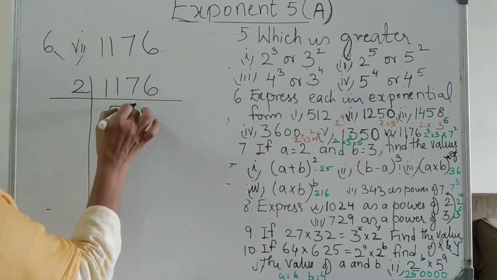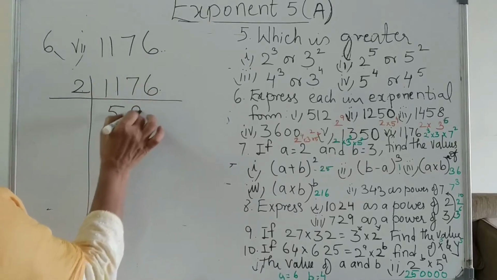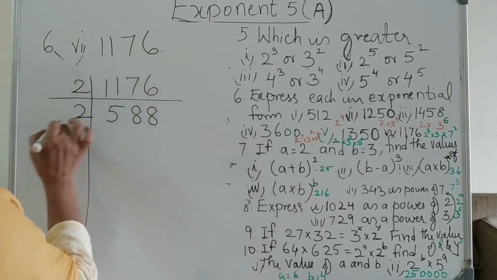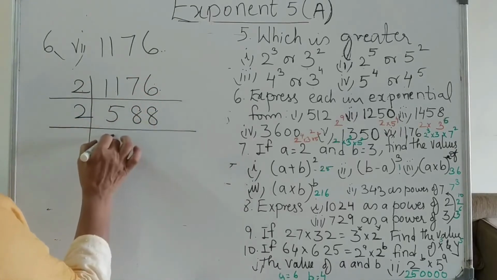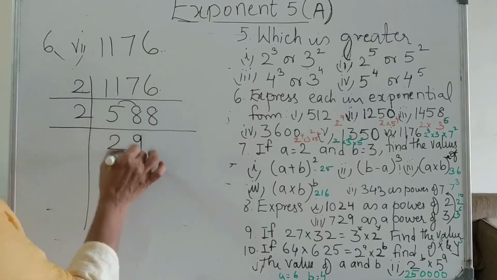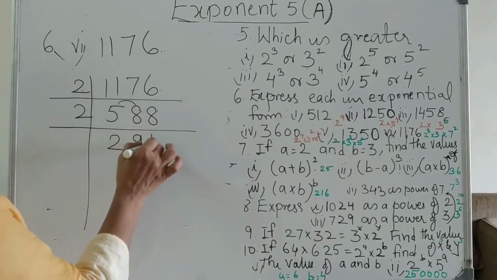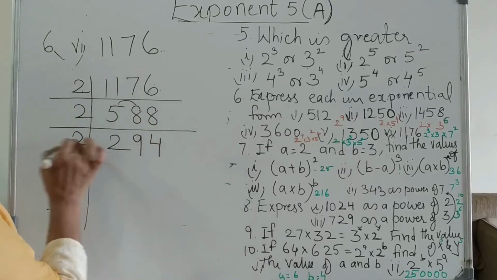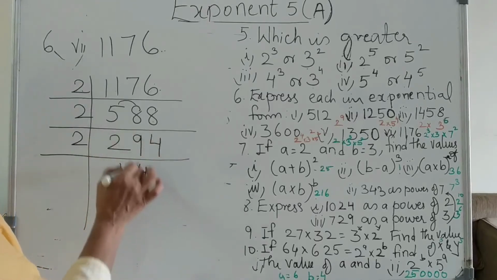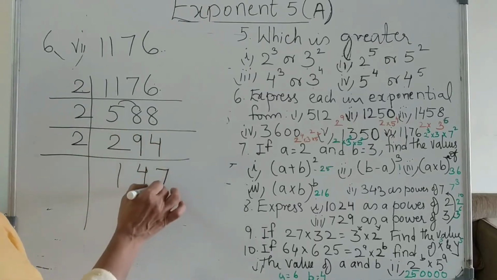So 16, 2 8's are 16. 1 is remaining, 588. Again you can divide by 2. 2 2's are 4, 18 is remaining, so it is 9's. 8 is remaining, 4's. Again you take 2. 2 1's are 2, 2 4's are 8, 14 is remaining, 7's.